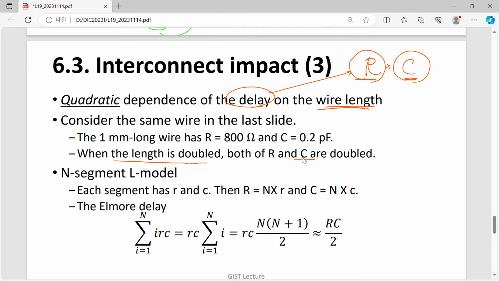And instead, this is an important one. Here we have some simple manipulation.